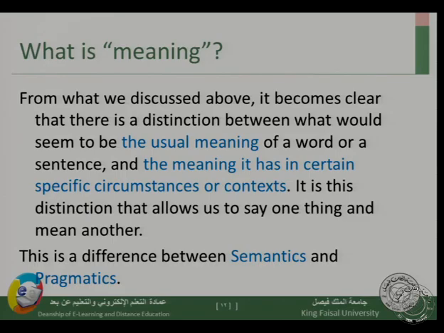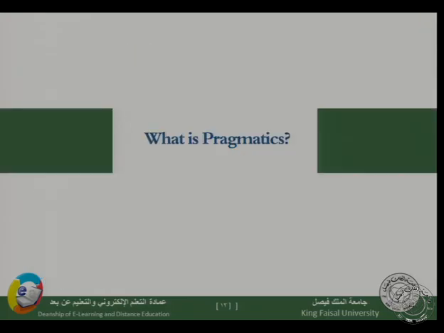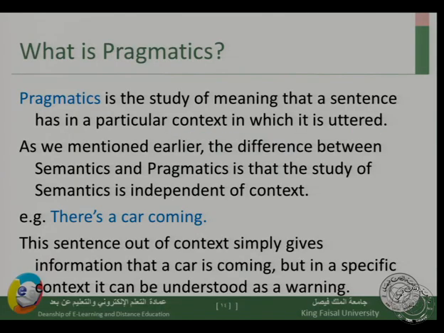This distinction between the two is what allows us to say one thing and mean another. You can say something like "nice day," but you actually mean no, this is not a nice day. As I said, this is the difference between semantics and pragmatics. So what is pragmatics? This is the last point we're going to talk about here.